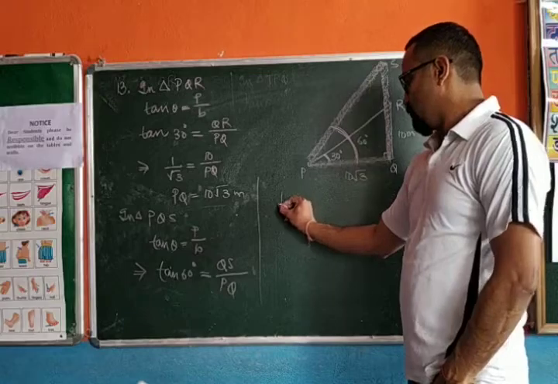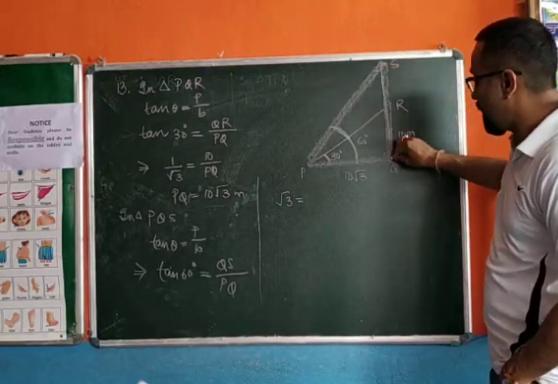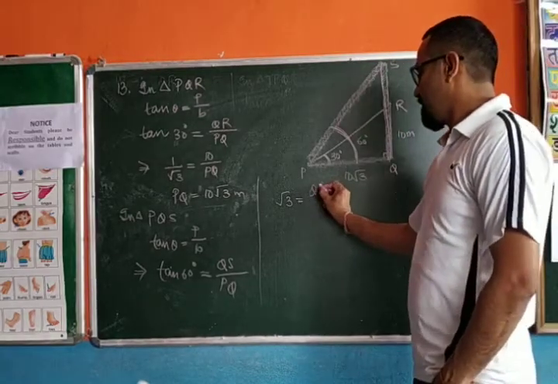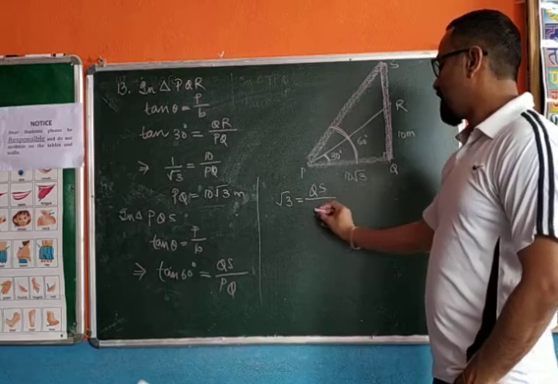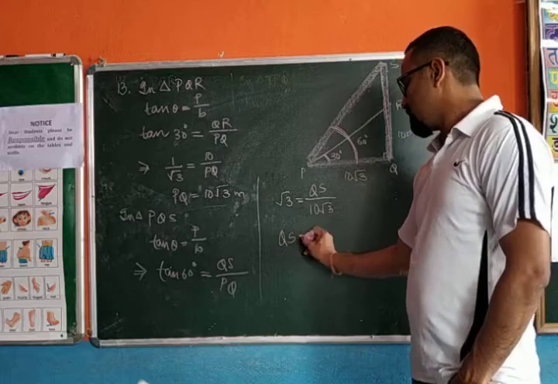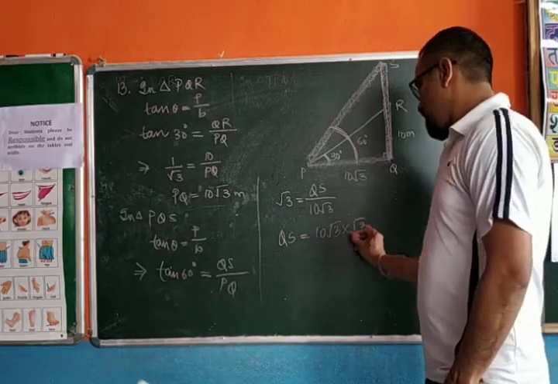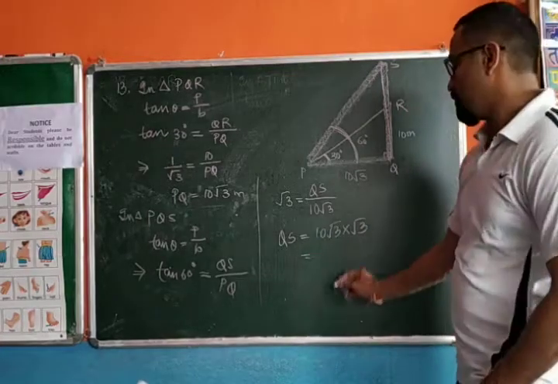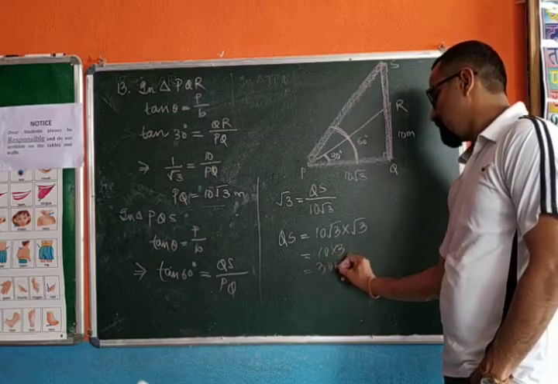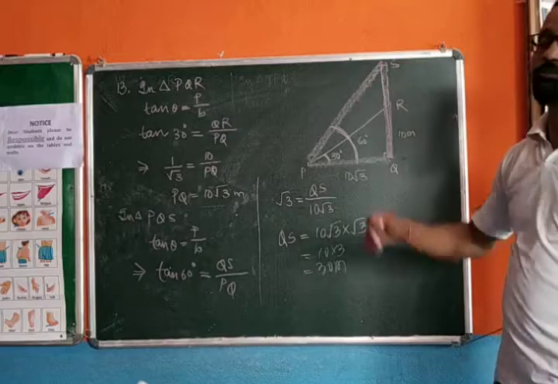Tan 60 is root 3. You have to calculate the height of the helicopter from the ground, that is QS, and you know PQ, which is 10 root 3. Cross multiply. QS equals 10 root 3 multiplied by root 3. Simplify this, you get 10 multiplied by 3, which is equal to 30 meters. The height of the helicopter from the ground is 30 meters.